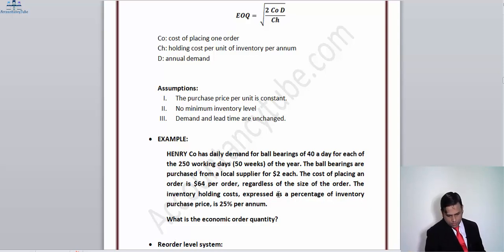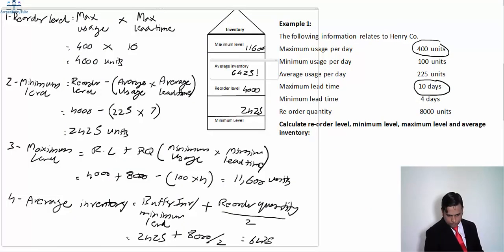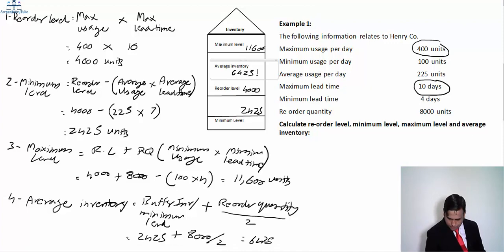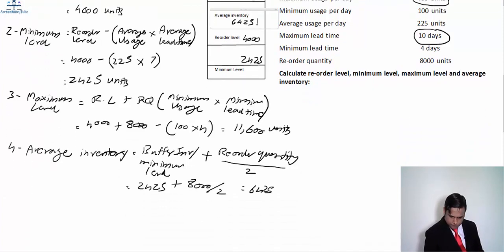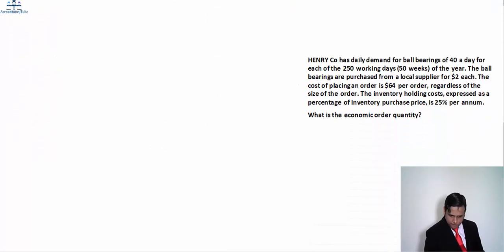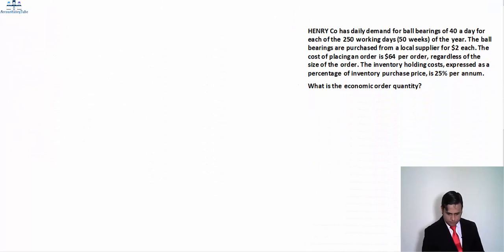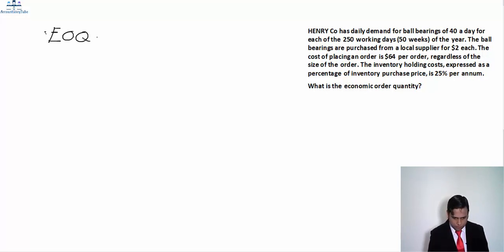Now let's solve that in our chart. First thing we need to do here is place the formula of EOQ, the square root of 2 CO D over CH.